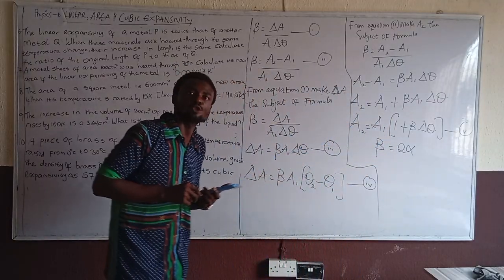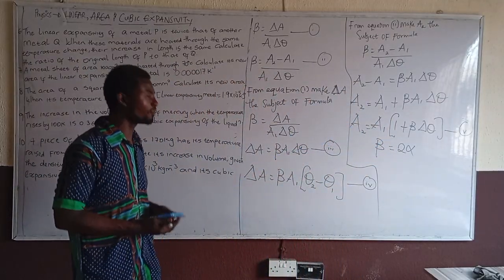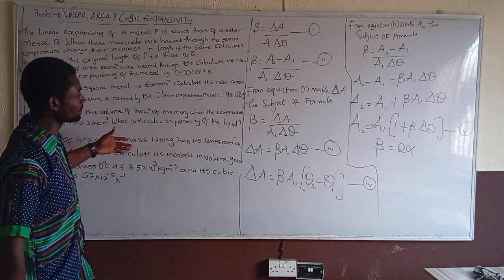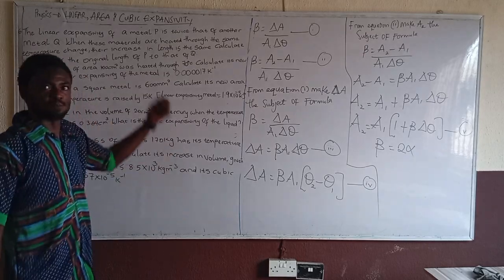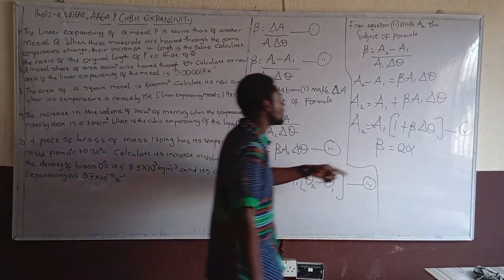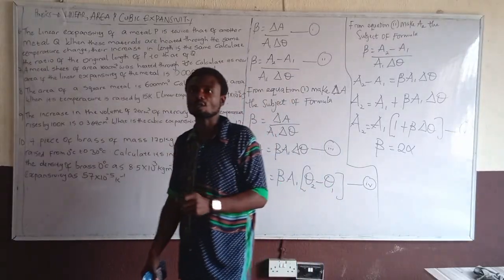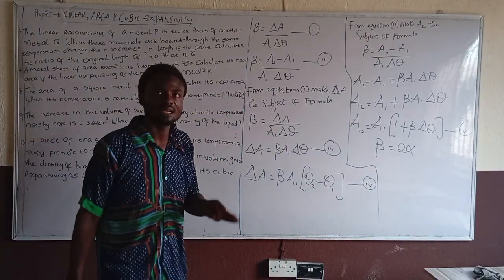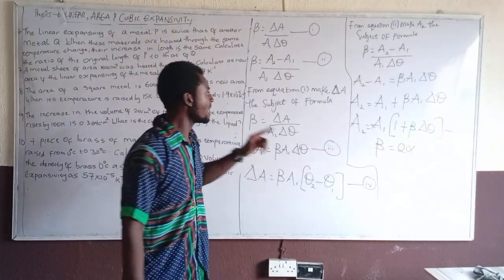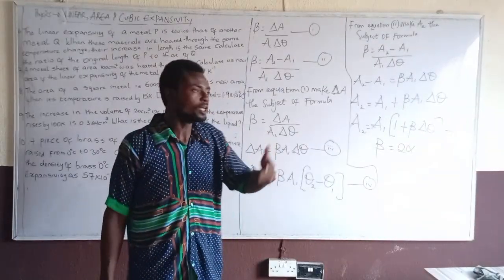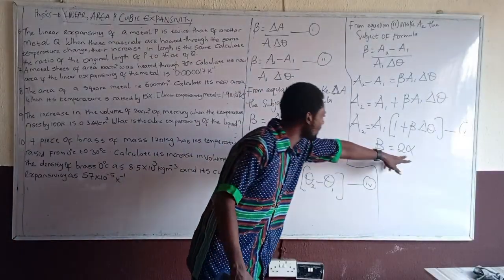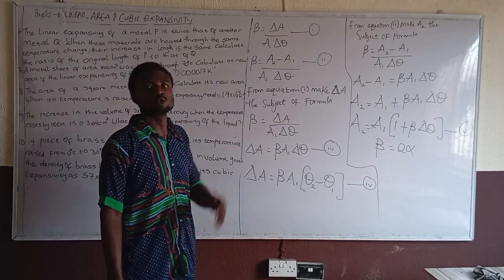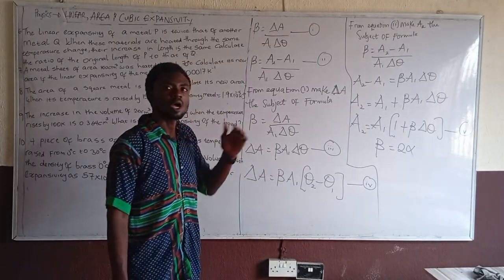If you want to solve under area expansivity and you are given linear expansivity, you multiply by 2 to get your area expansivity. Don't forget that linear is 1, area is square unit, that is 2. So that 2 is used to multiply linear expansivity. So beta is 2 alpha.